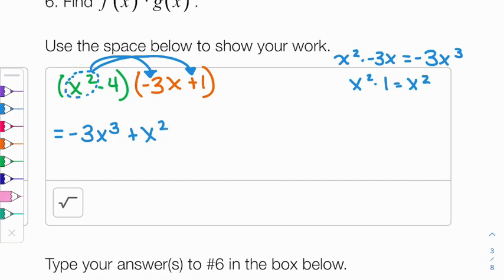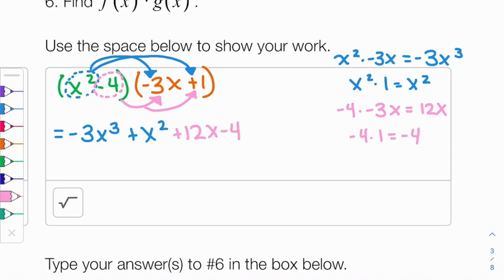And then I'm also going to take my -4 and I'm going to multiply it into both terms of the second set of parentheses. So it's going to be -4 times -3x, which is positive 12x, and -4 times 1, which is just -4. And that's the final answer there.